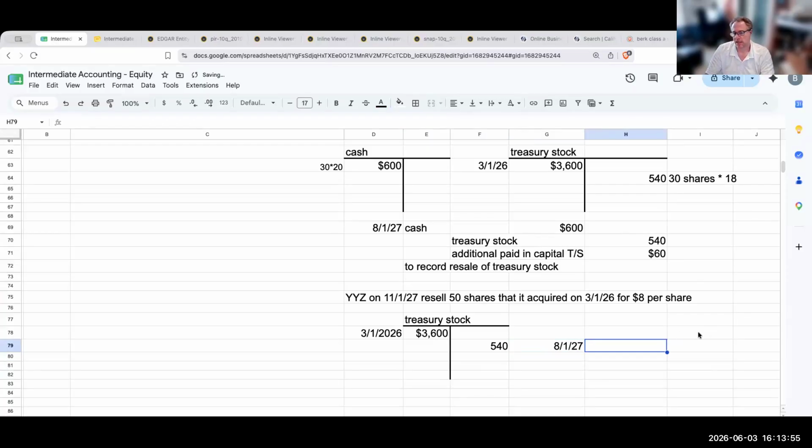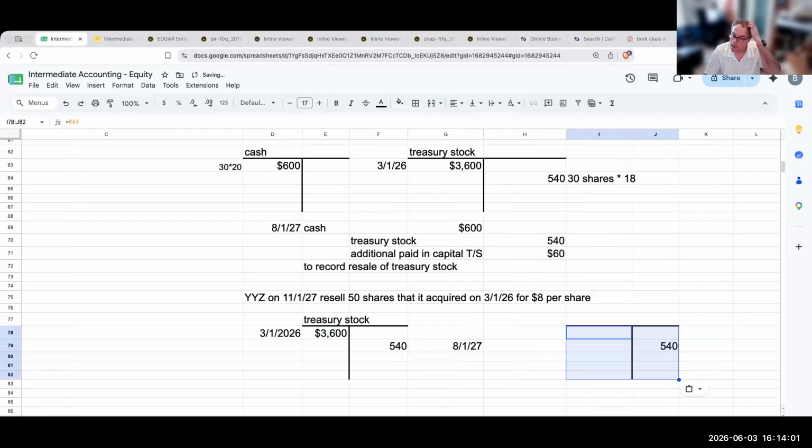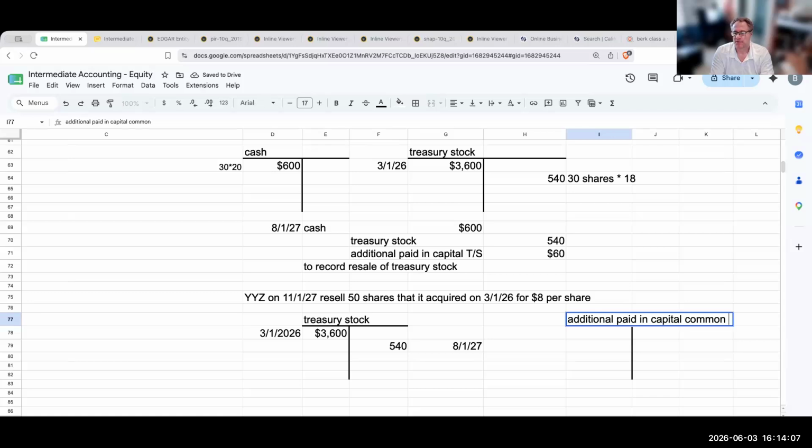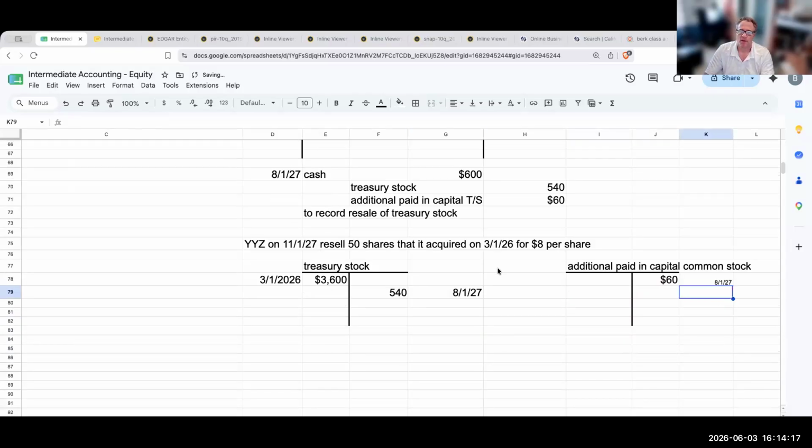Additionally, we also recorded additional paid-in capital common stock, and that amount over here was 60 on 1/27.